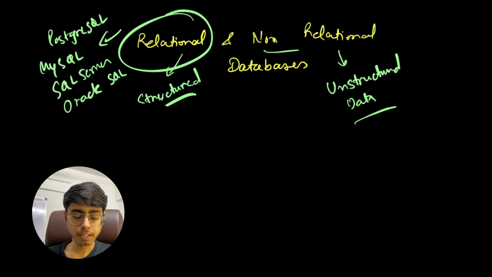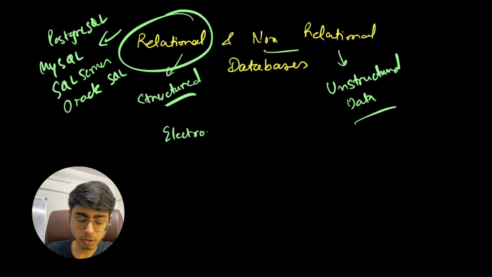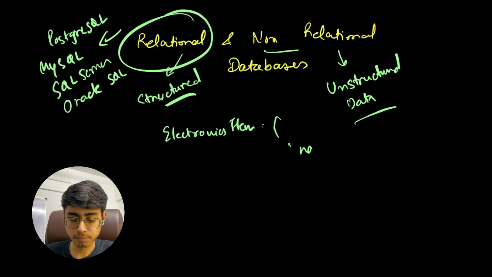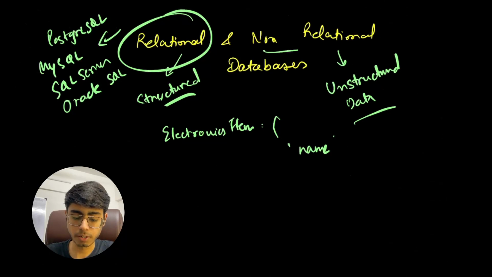Let's say Amazon. In this Amazon, you will have various products. So let's say one product is an electronics item. Let's say this is my schema. An electronics item is going to have a name, like a TV or whatever it is.